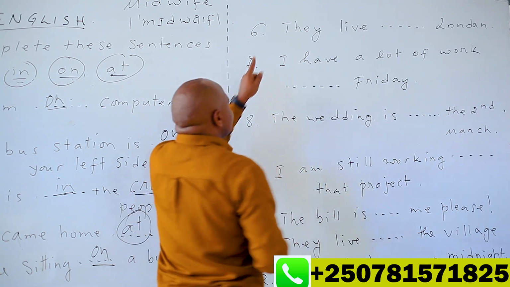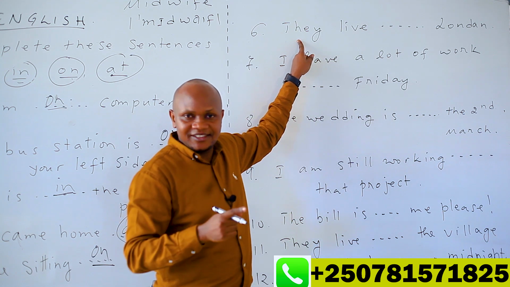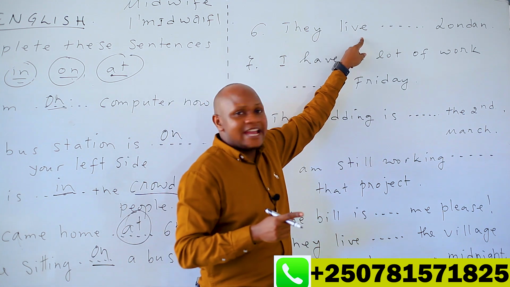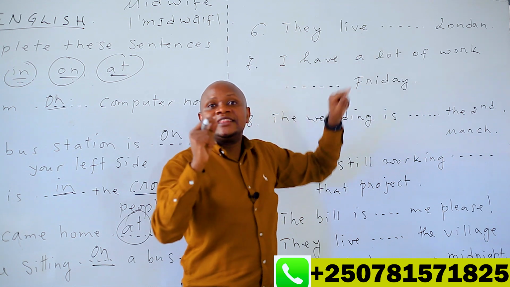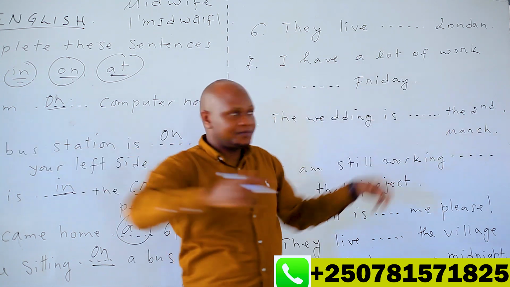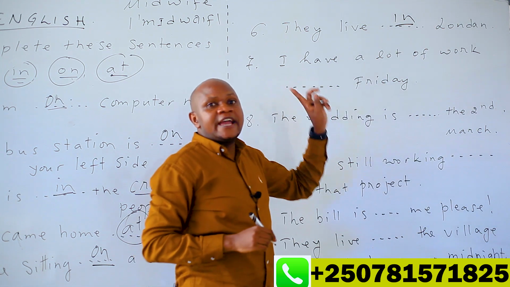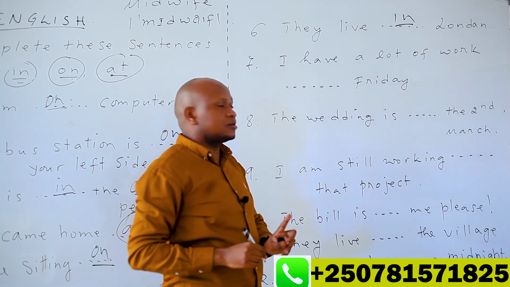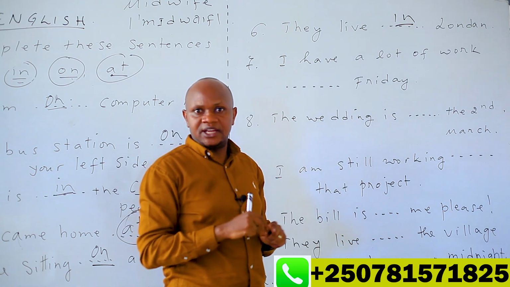Nice. Number 6 here. They live in, on, at. They live in London, on London, at London. They live in London. You are going to put in here. Number 7. I have a lot of work. In Friday, on Friday, at Friday.